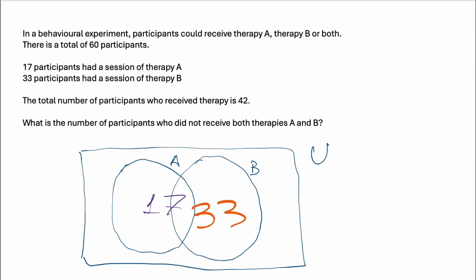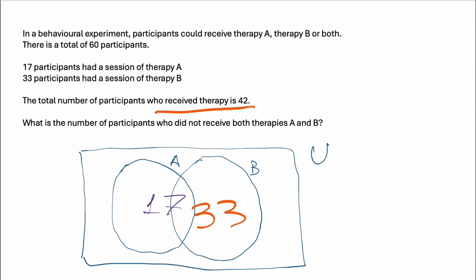Okay? All right. Now, the total number of participants who received therapy is 42. All right. So look at this. How interesting is this? The total number of people who received therapy is the union, right? So think about that. That would mean 17 people that received A, plus 33 people that received B. But think about it. People that were sitting in the middle, people that received both, are being overcounted.